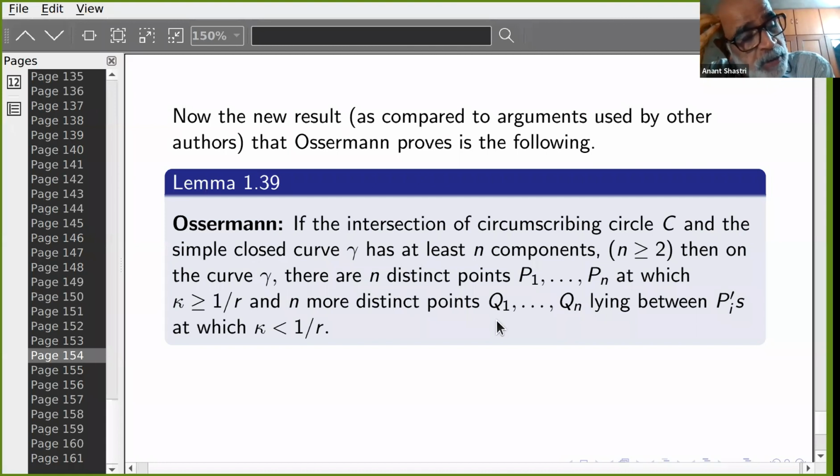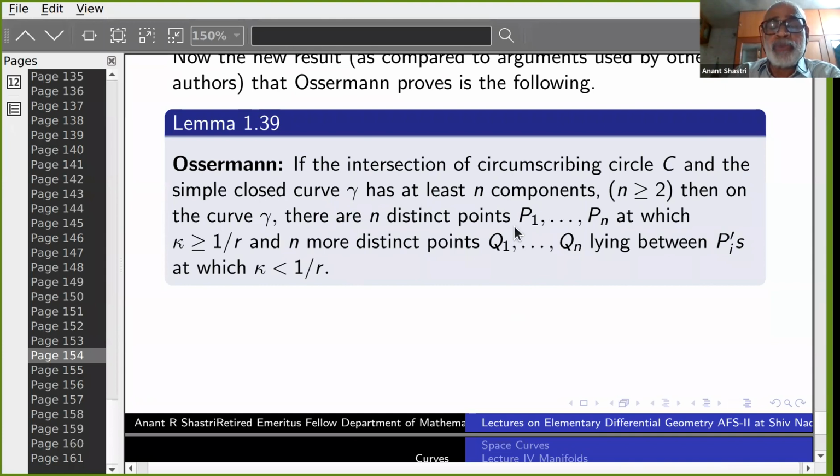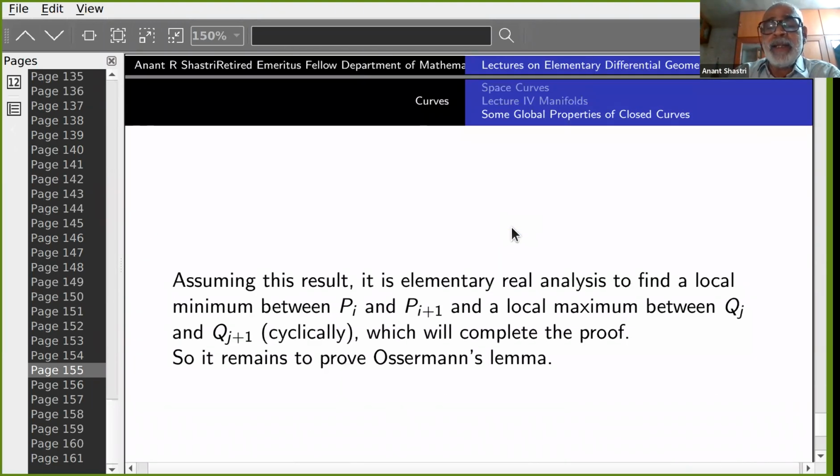Maxima and minima will occur. That is the stronger statement here. Once you prove this, it is completely elementary real analysis. Assuming this result, it is elementary real analysis to find a local minimum between Pi and Pi plus 1 and a local maximum between Qj and Qj plus 1, cyclically.